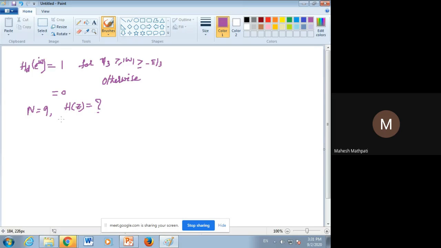Now, solution for this. So, who will tell me the solution for this? Stepwise. Step 1, what is here?